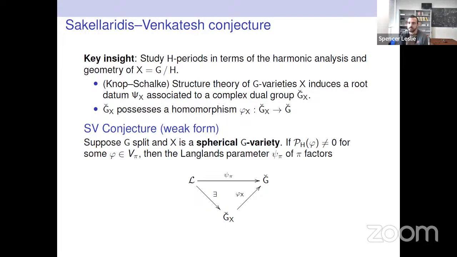Nevertheless, everything that I've said does fit quite generally. Any subgroup H, there exists this dual group, and this is the expectation.